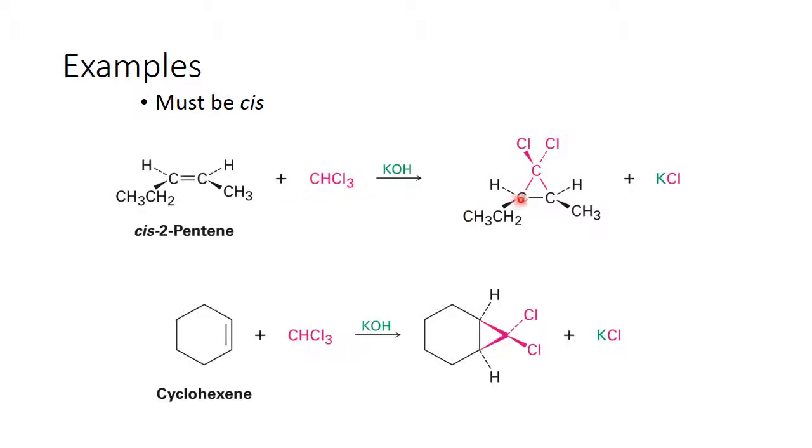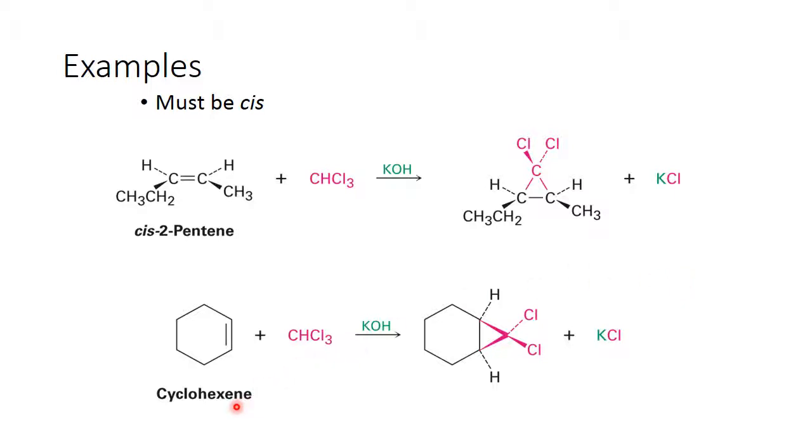That then forms the cyclopropane, in which the carbon has those two chlorines on it. And the byproduct of this is then potassium chloride and water. They're not showing the water that would form also.